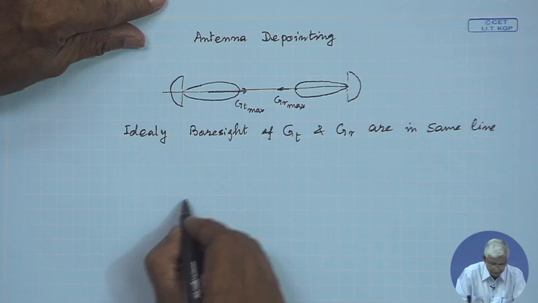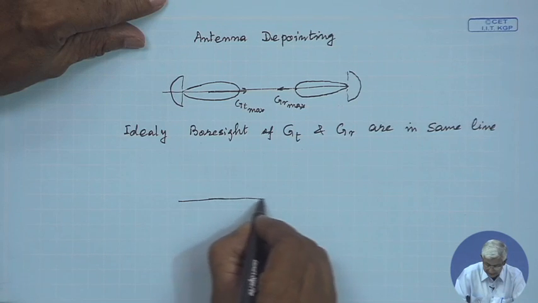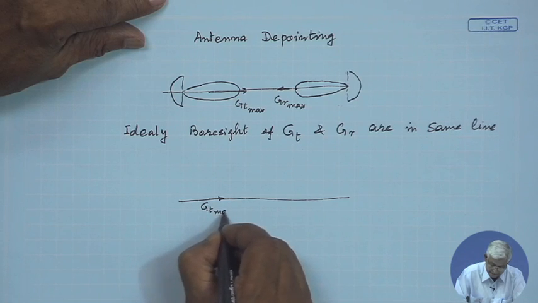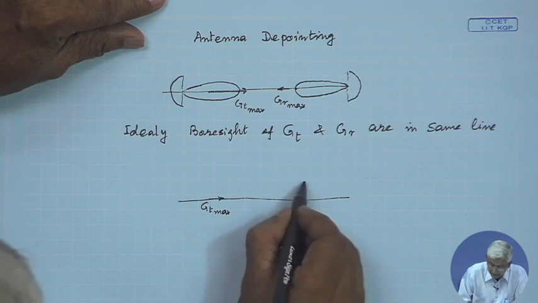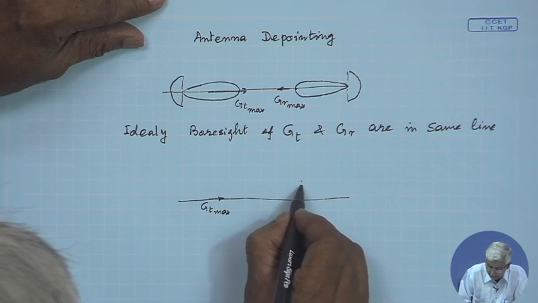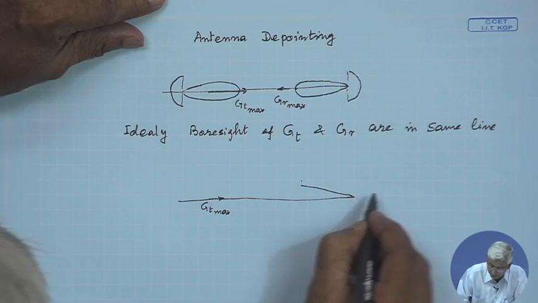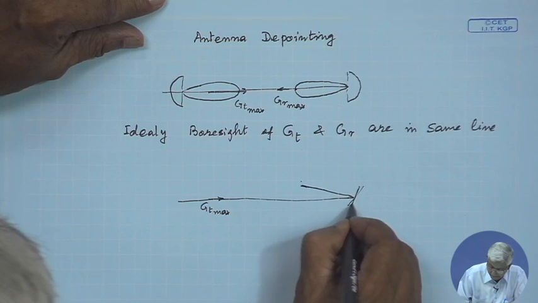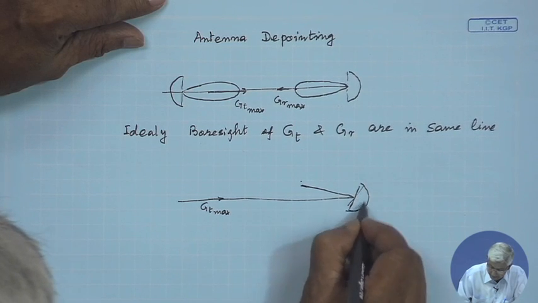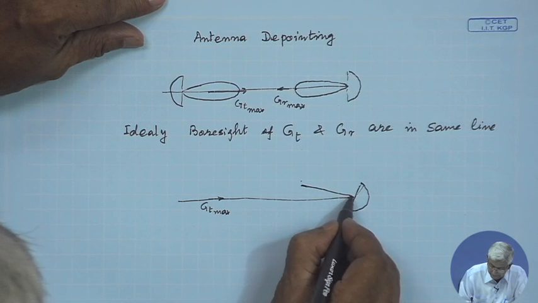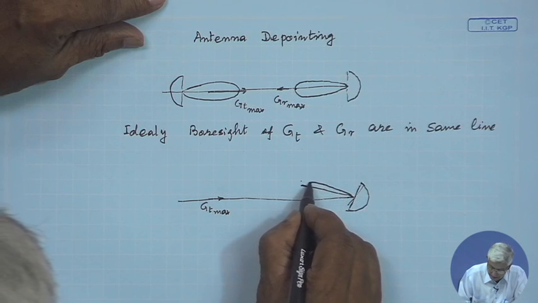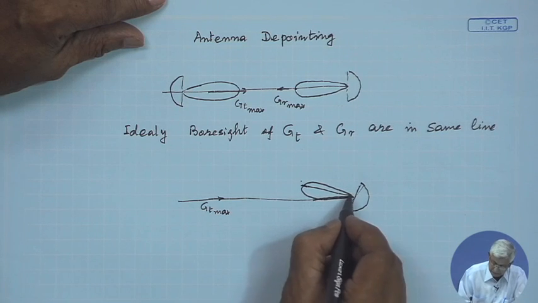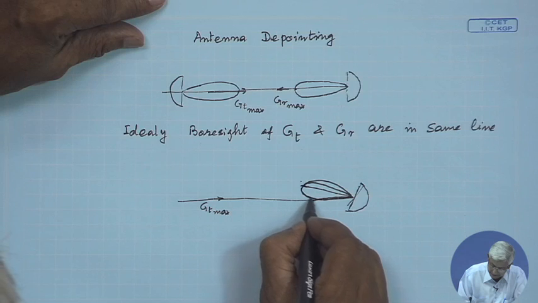This is the ideal condition, but for practical purposes many times it may not be at the same line. So, let us look at how it will look like. Let us say this is the line on which the GT max is coming, and your receive antenna is mispointed or depointed. This is the parabola, this is the aperture, and its beam is like this.